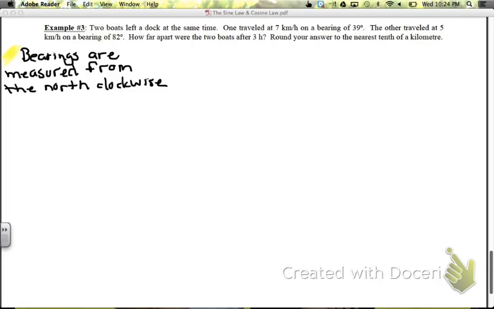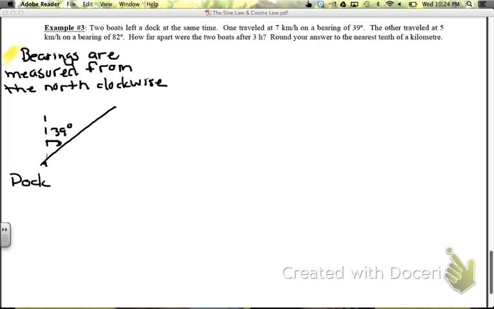So let's start by drawing our diagram. So we have our dock where two boats are leaving, and a bearing is measured from your north. So the first boat leaves on a bearing of 39 degrees. So that's this angle here. So we measure it clockwise, so it's 39 degrees.